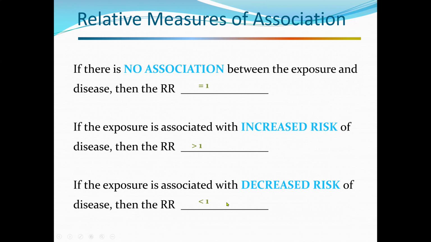Now let's look at an example, which is almost the same as the previous example, but this time instead of absolute measures we are going to use relative measures. The Nurses Health Study was a cohort study of factors that influence women's health. The researchers investigated the hypothesis that hypertension increases the risk of myocardial infarction.